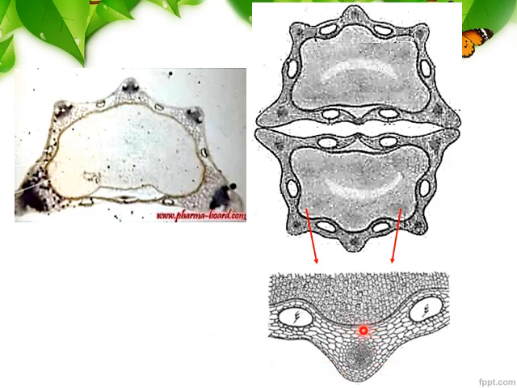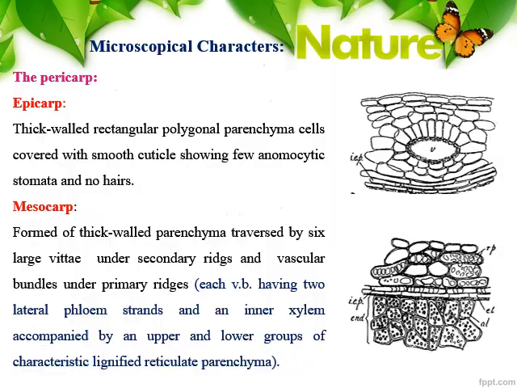On the primary region we have bicollateral vascular bundle of xylem capped from upper and lower sides by phloem. Below the xylem or the vascular bundle we have reticulated lignified parenchyma.